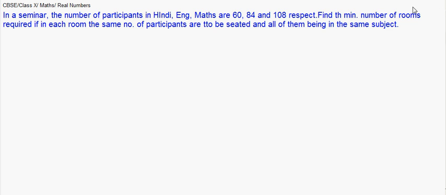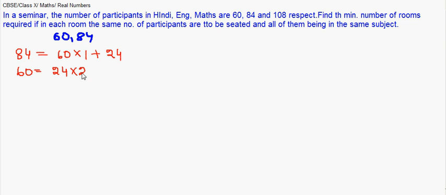So let me just take up the first 2 numbers, that is 60 and 84. I could be using a thinner line to solve this. 84 being the greater number, we will be expressing that in terms of 60. So it is 60 into 1 plus 24. We'll express 60 in terms of 24. 24 into 2 is 48 plus 12.